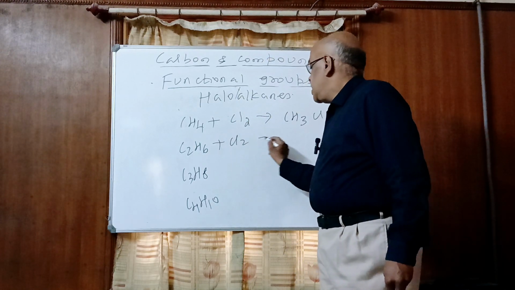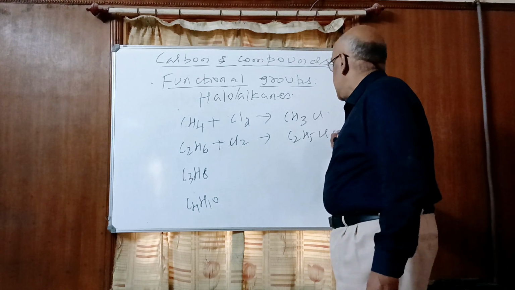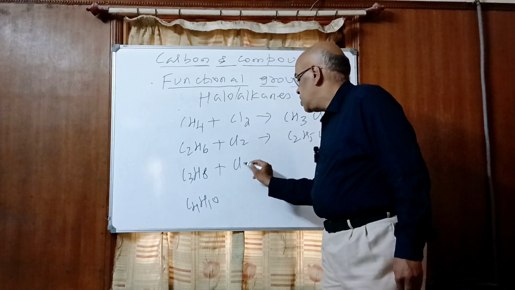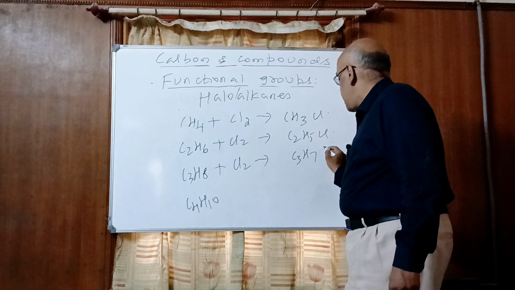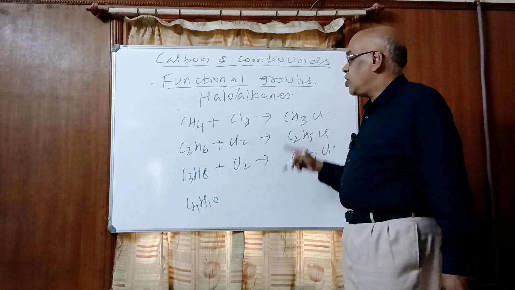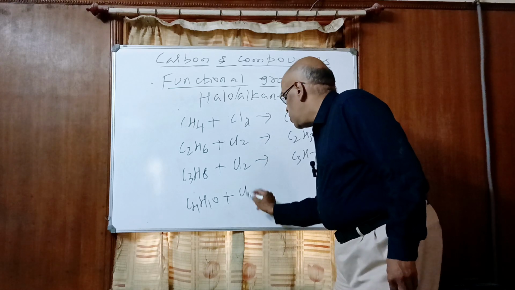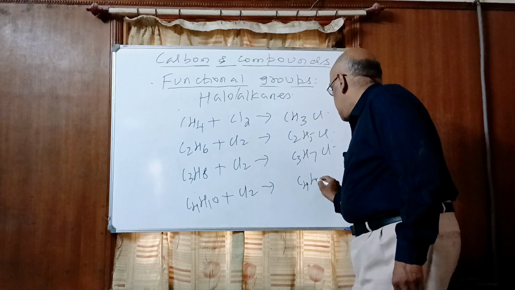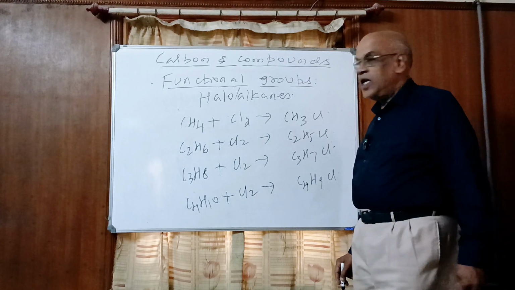Ethane combines with chlorine to form C2H5Cl. Propane combines with chlorine to form what? C3H7Cl. See, one hydrogen atom is reduced and chlorine occupies the place of hydrogen. Here Cl2. What do we get? C4H9Cl. Yes or no, children?